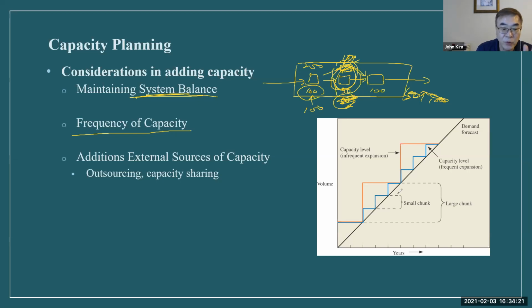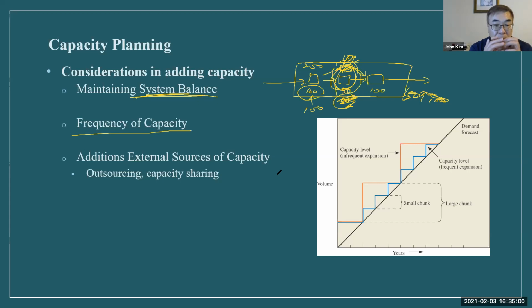But when new technology comes out, then usually capacity increases a lot like this. It is also based on demand. If demand increases a lot, then to match that we increase capacity a lot. But if forecast demand is gradually increasing, then we increase capacity gradually. And next, external sources of capacity.